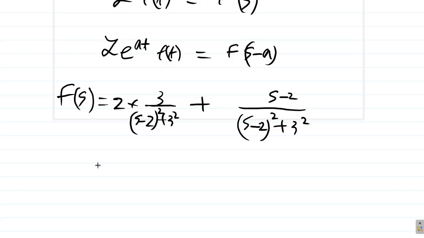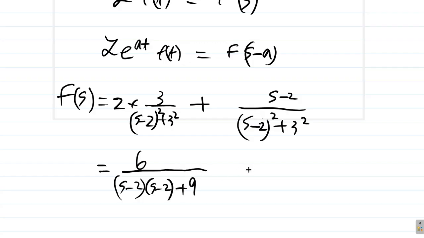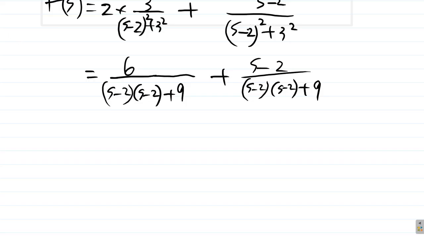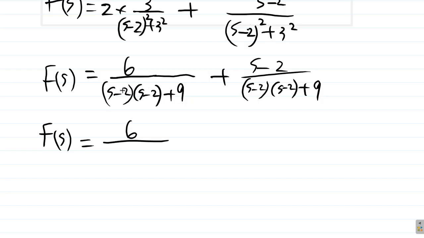So what you have here is 2 times 3 over (s minus 2) squared plus 3 squared, which is 9, plus (s minus 2) divided by (s minus 2) squared plus 9. So that is F(s). So F(s) is 6 divided by, if you multiply out the brackets, s squared minus 2s, which is minus 4s.